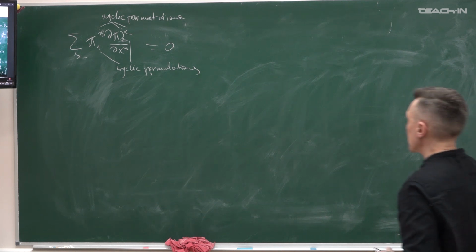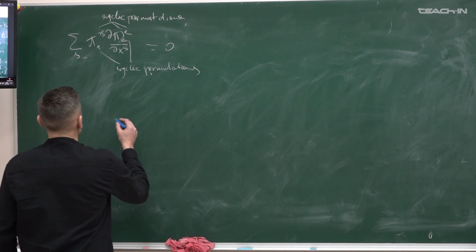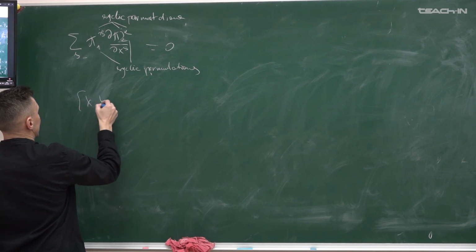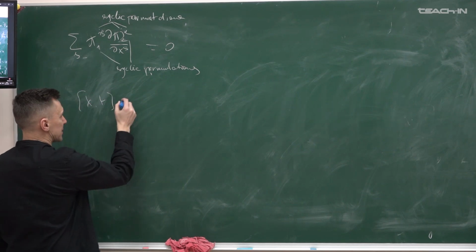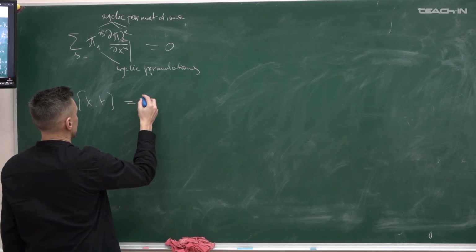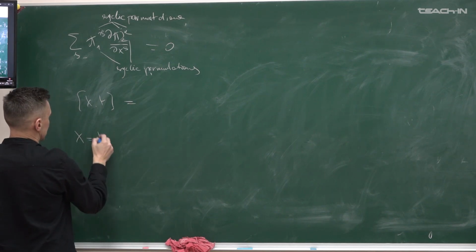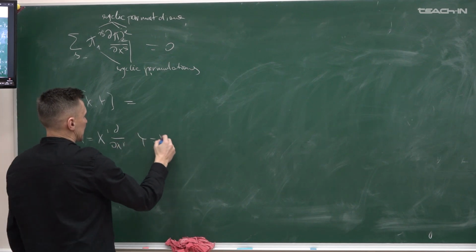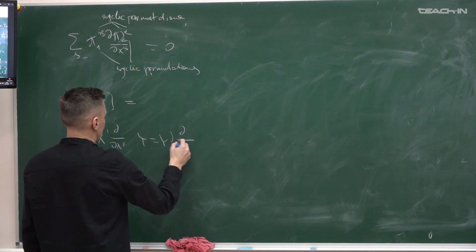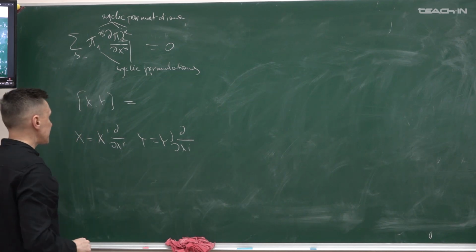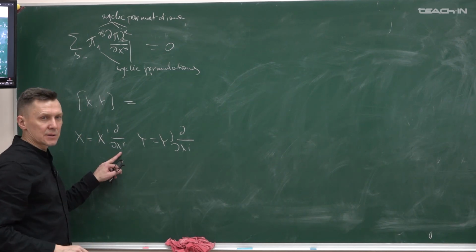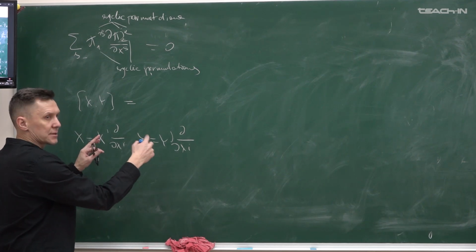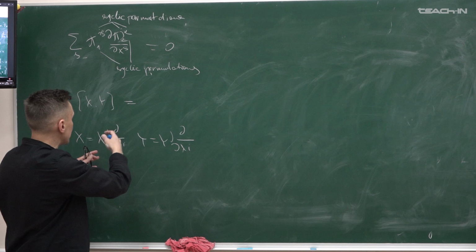That this is equivalent to the Schouten bracket. So let me remind that [X, Y], the commutator of vector fields, is a vector field X_i d over dx_i. So we remember these are coordinates on our manifold, and these are coordinates on vector fields, so the components of vector fields.